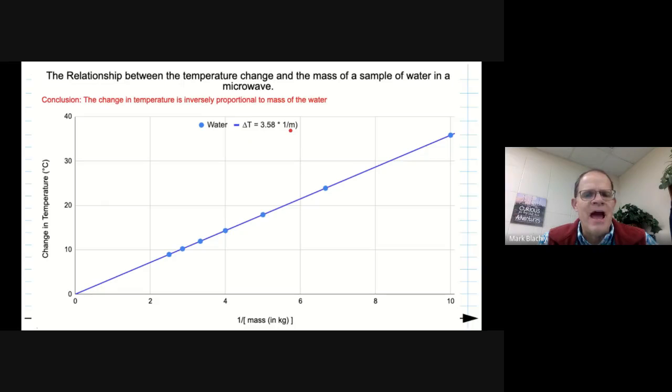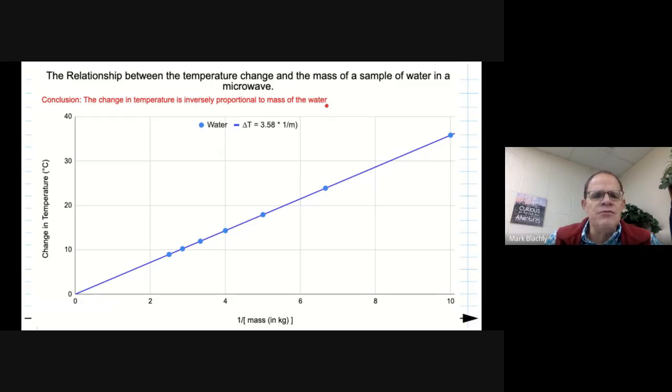When that happens, our conclusion is that y is inversely proportional to x. So we will say the change in temperature is inversely proportional to x, which is the mass of the water. That's what part C is going to look like, okay? You can come back and check that too after you finish it. Now, I'll come back to part B in a minute.